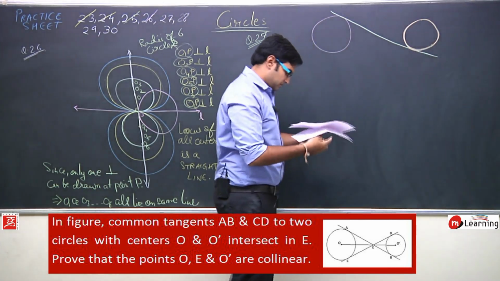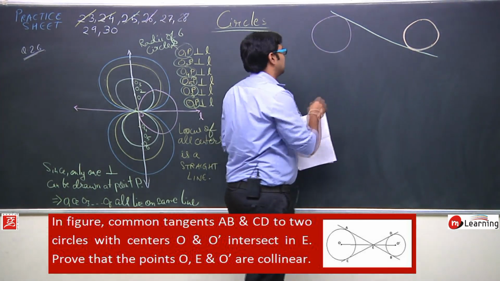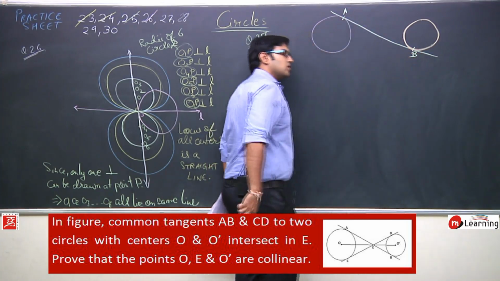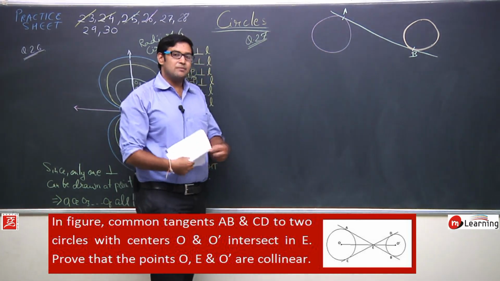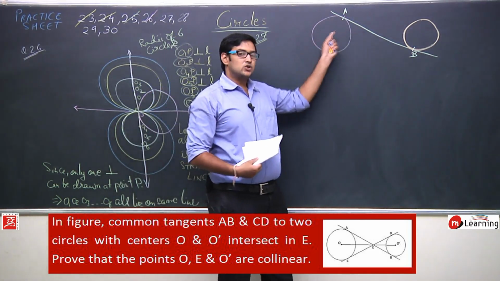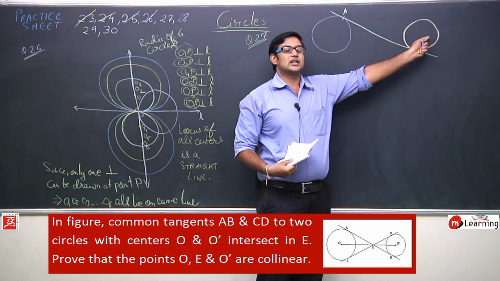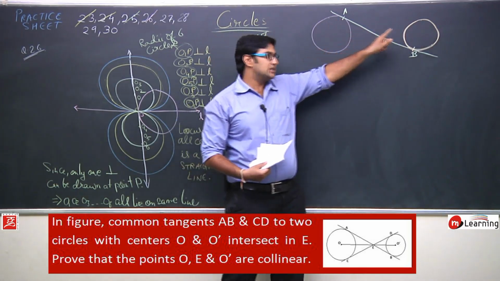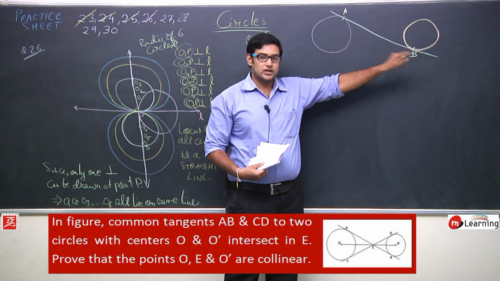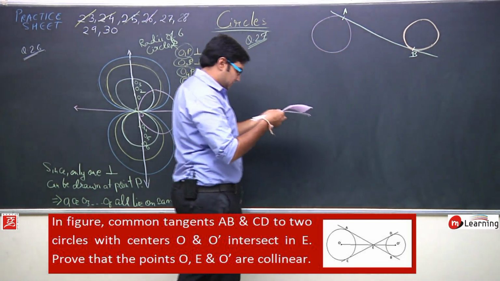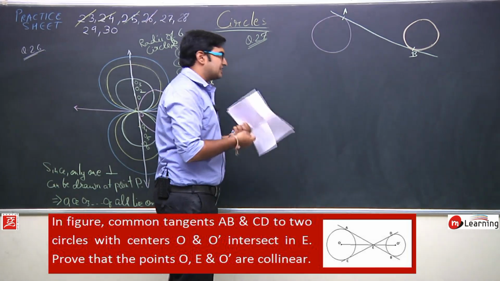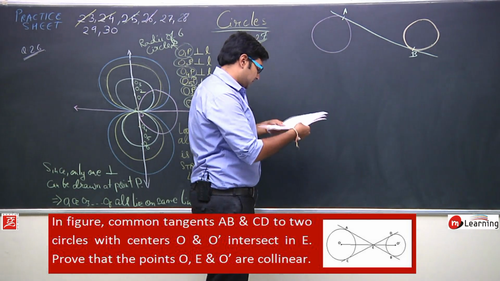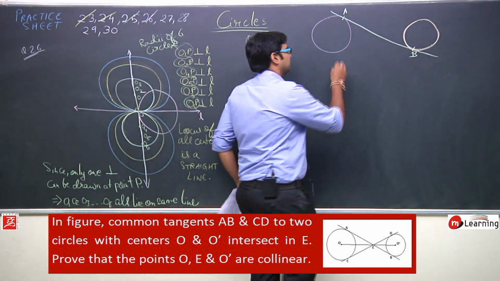This is a circle and this tangent is AB. So what you can see, this AB is a tangent to this circle as well as to this circle. It is a tangent to this circle at this point A and tangent to this circle at this point B. Okay. After that, there is one more tangent. First, let us solve this question, then we will understand the concept of common tangent.